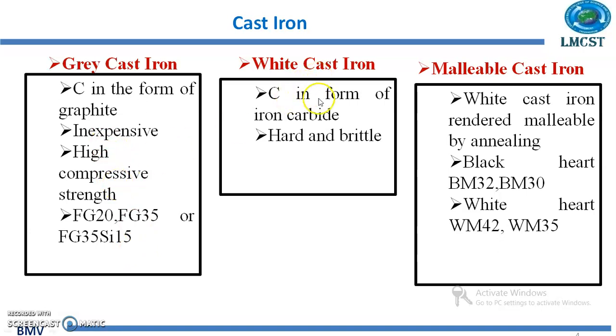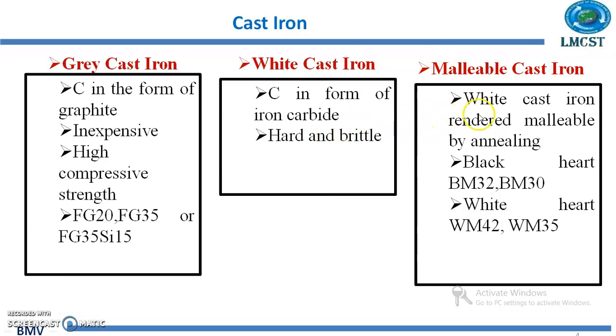Now we have white cast iron. Here the carbon is in the form of iron carbide and it is hard and brittle. The presence of iron carbide increases hardness and makes it difficult to machine, but these are abrasion resistant materials.